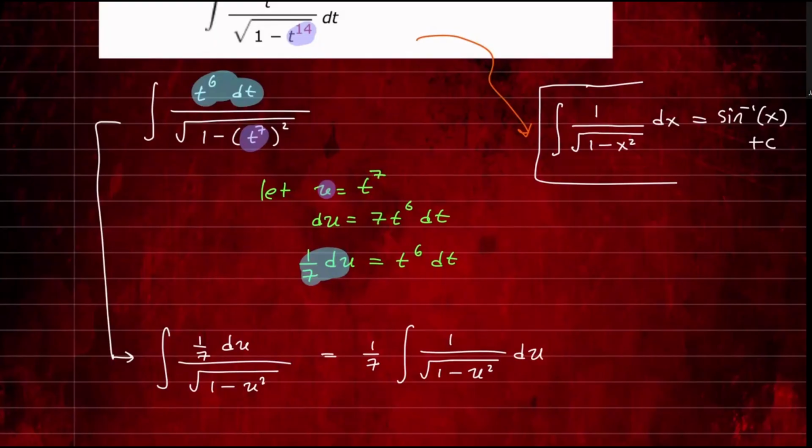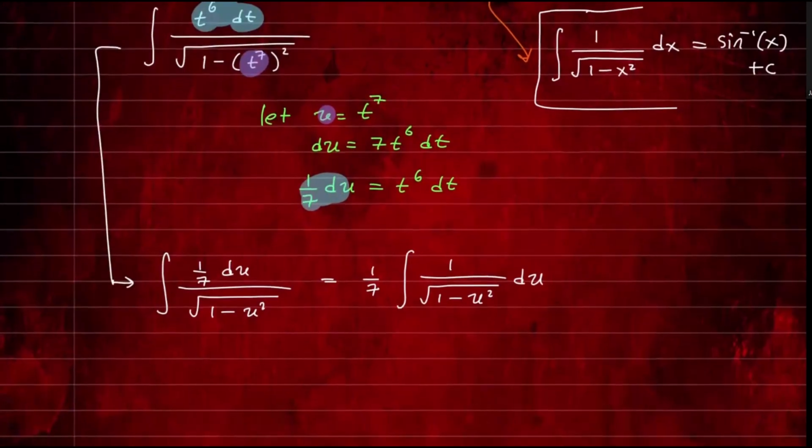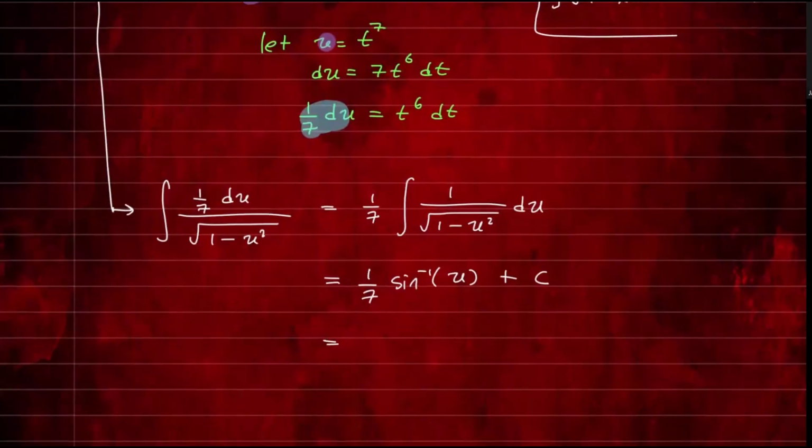So we know this is going to be sine inverse of u. So this is 1/7 sine inverse of u plus c. And then we finally substitute what u is. u is t to the 7th. So our final answer for this problem is 1/7 sine inverse of t to the 7th plus c.